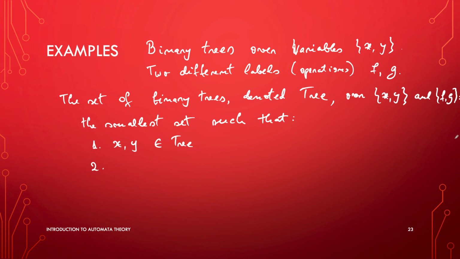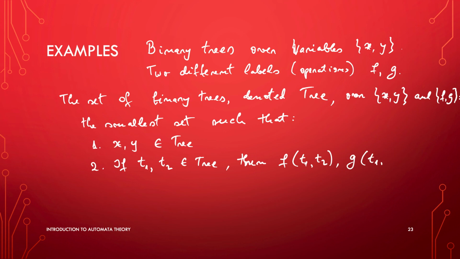And the second one, this is going to be if you already have defined two trees, so if you have already T1 and T2 trees, then you also have that f applied to T1, T2, and g applied to T1, T2. These are also trees.